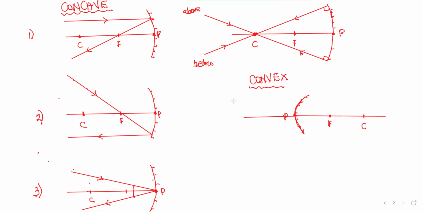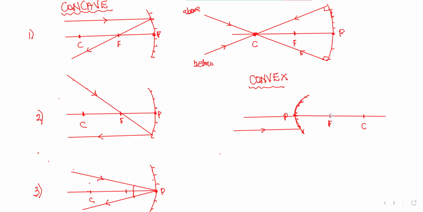So for convex mirror, a ray of light parallel to the principal axis after reflection must appear to pass through F. Appear to because it's a virtual thing.